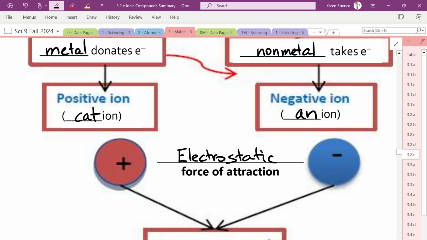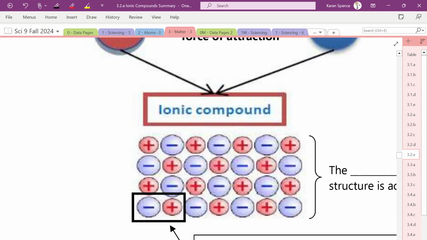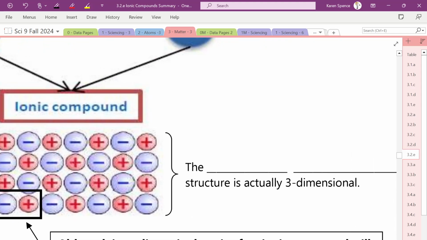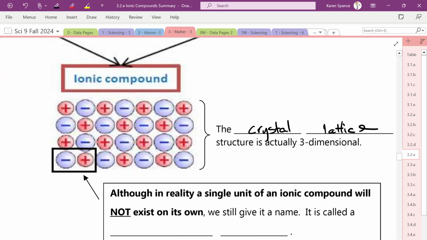You can think it's like static electricity. That's literally where it comes from, electrostatic. And then we have our ionic compound. What do we call that entire structure? Crystal. Lattice. And what do we call a single unit? Formula unit.